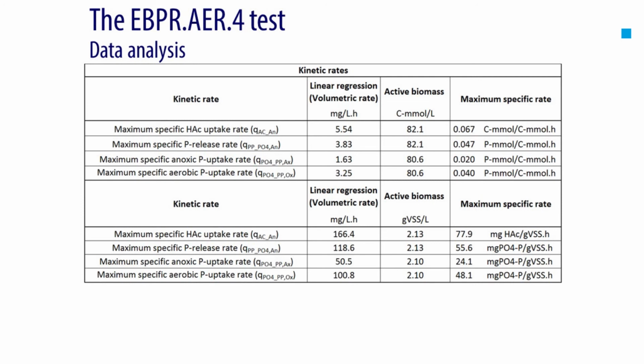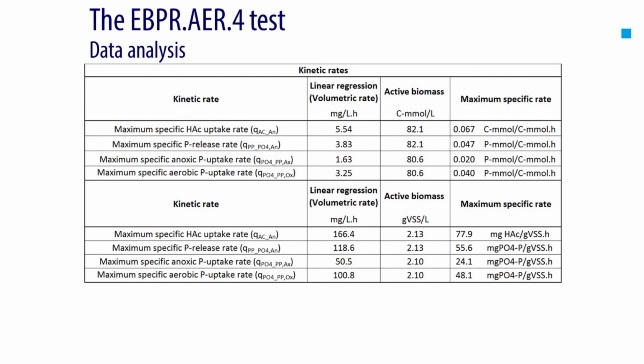The maximum specific aerobic phosphorus uptake rate, with a value of 0.040 P-mol per C-mol per hour, or 48.1 milligrams PO4-P per gVSS per hour, is in the range of previous values reported by Brdjanovic and colleagues in 1997 of 0.046 P-mol per C-mol per hour, as presented in Table 2.2.6 of the textbook.